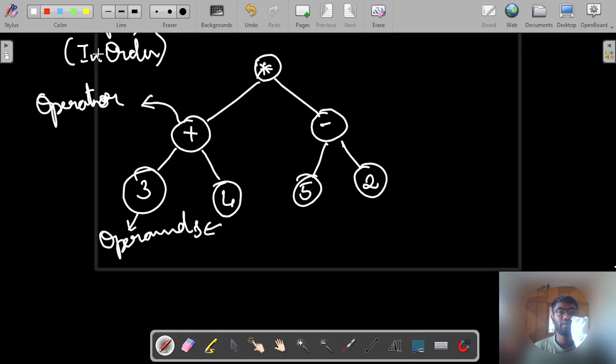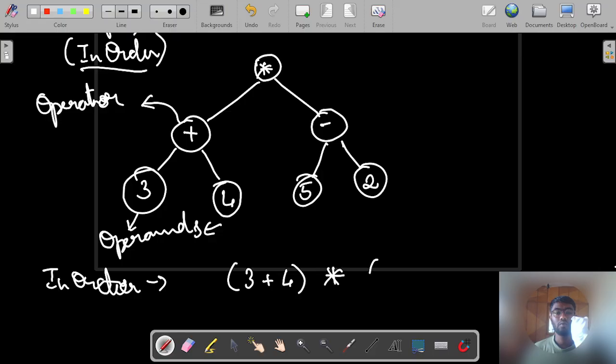Like the one we have seen here is in order fashion, in order expression, which is nothing but 3 plus 4 into 5 minus 2, right?